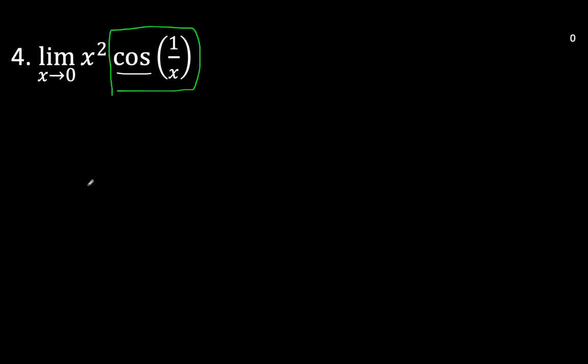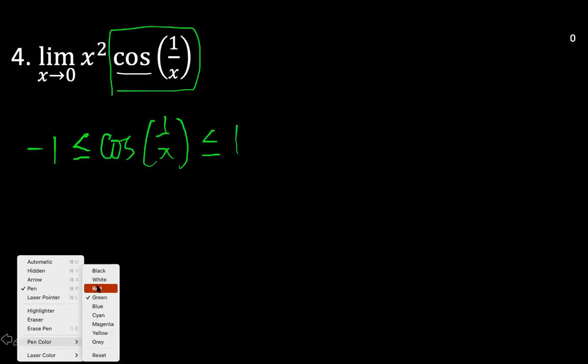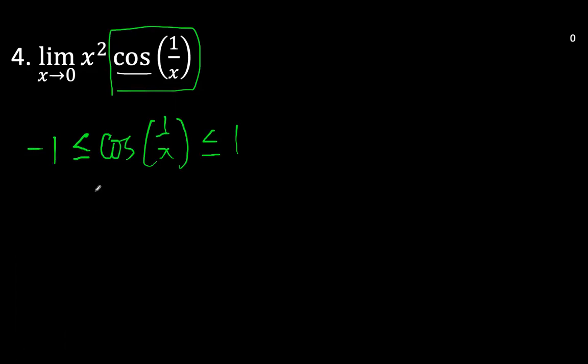So although both of the functions x squared and cosine 1 over x have a defined range, let's work on this. So I know that cosine of 1 over x is less than or equal to 1 and greater than or equal to -1, based on the property of the range of the cosine function.